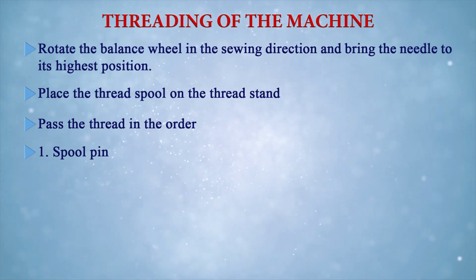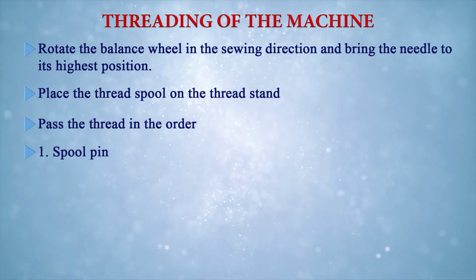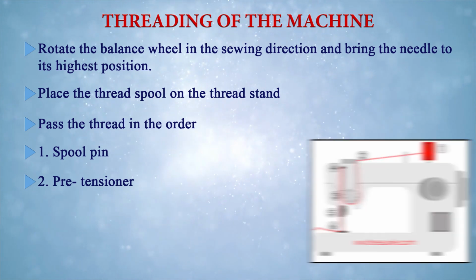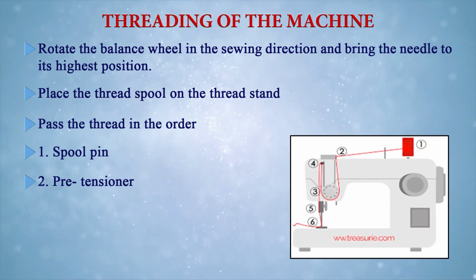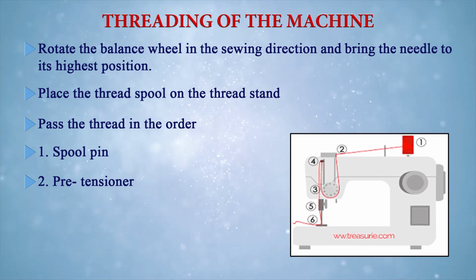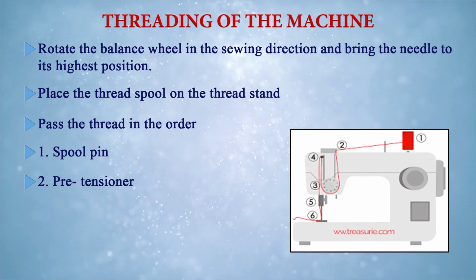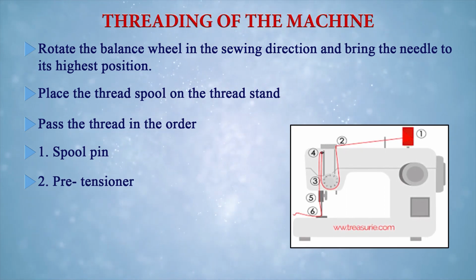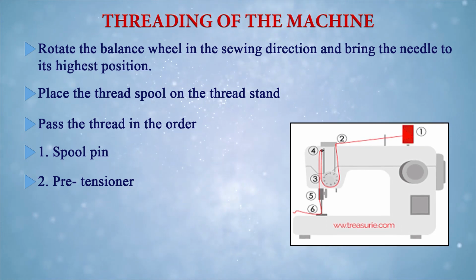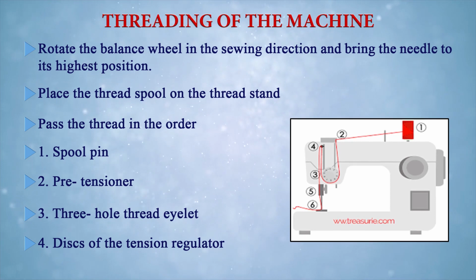Then second, on the pre-tensioner, as you can see in this picture, where the points are mentioned. Then it goes through the 3-hole thread eyelets.